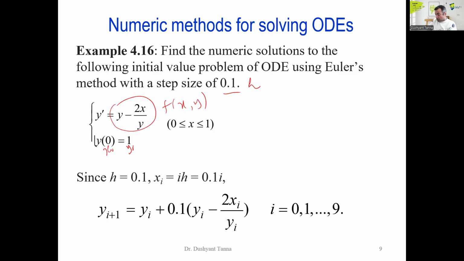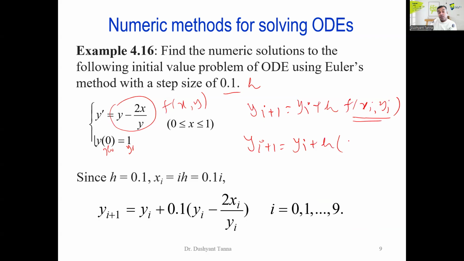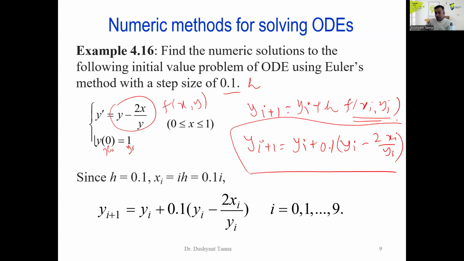If you scroll back a few slides, y(i+1) is yi plus h f(xi, yi). So f(xi, yi) is this value, therefore y(i+1) is equal to yi plus h times f(xi, yi), where wherever you find h, you replace it with 0.1. I can also write that f(xi, yi) is yi minus 2xi divided by yi. This is the same thing.